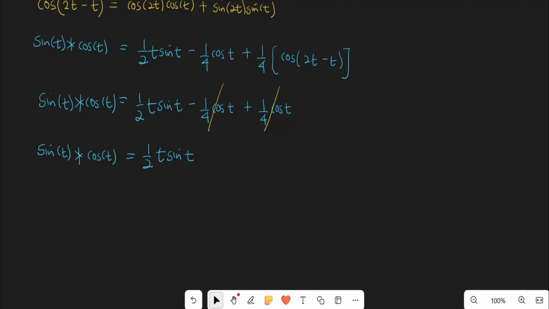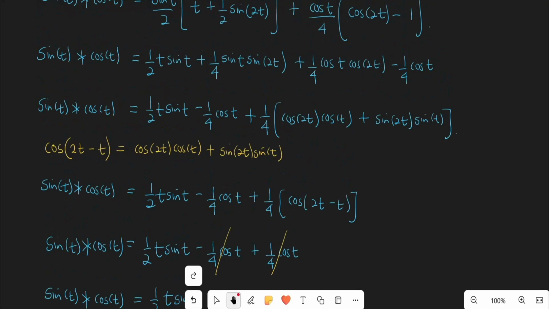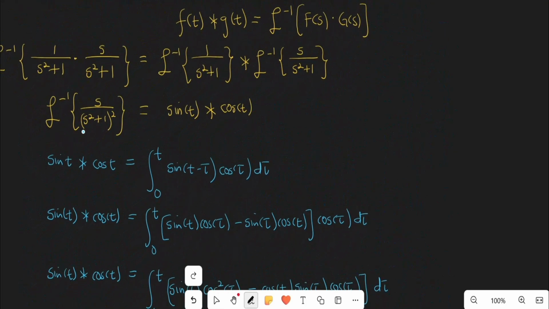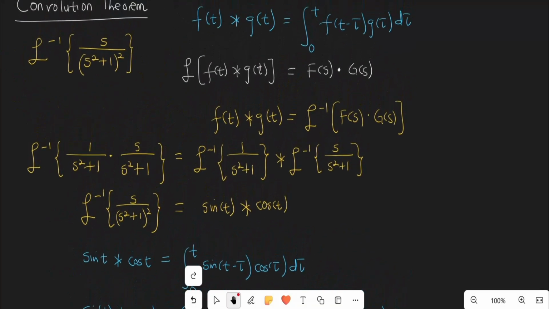Right, so the convolution of sine of t and cosine of t is 1/2 t times sine of t. These ones separated here are normal multiplication. So if you can recall, the Laplace inverse of what we are asked to find, which is s over s squared plus 1 all squared, is the convolution of sine of t and the cosine of t. And that is what we have.